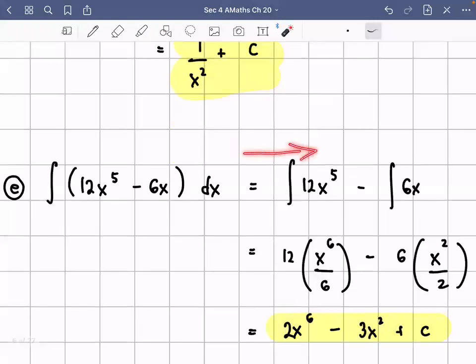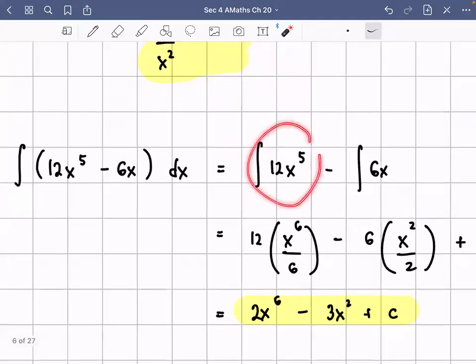Okay, so you get the antiderivative of each. If there are two terms, you need to get the antiderivative of those two terms. If there are three, you need to do it 3 times. Okay, so how do you answer this?